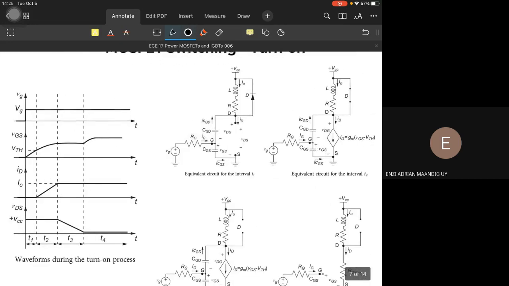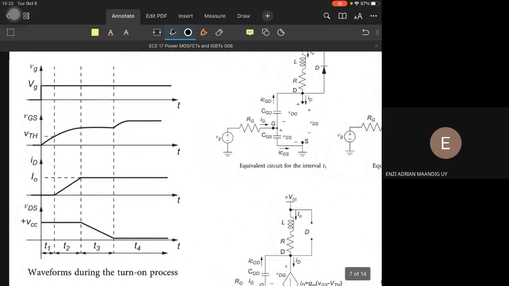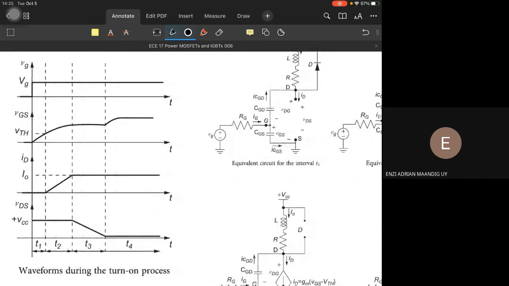So during turn on, this is its waveform during the turn on process. So we have 4 waves. We have VG, VGS, ID, and VDS.